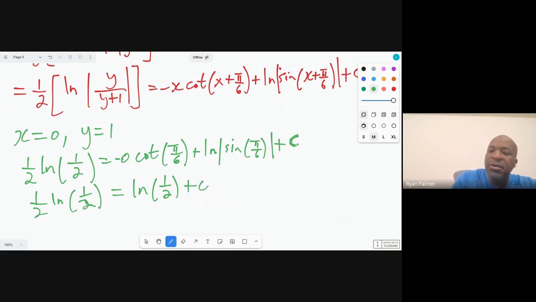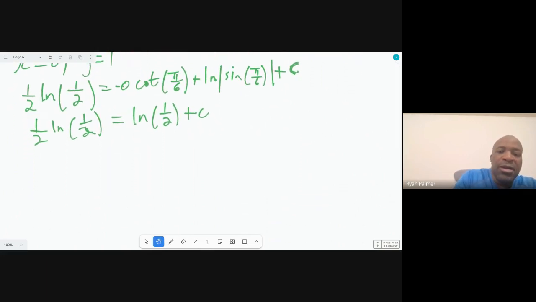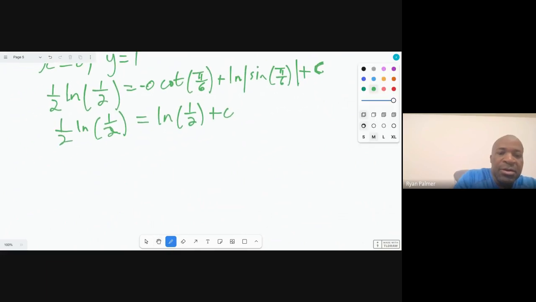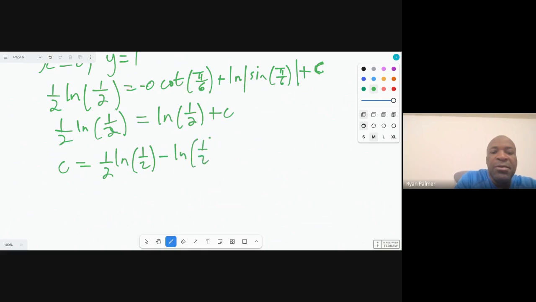So when we rearrange that, we have c is equal to half ln a half minus ln a half, which is equal to minus a half ln a half.